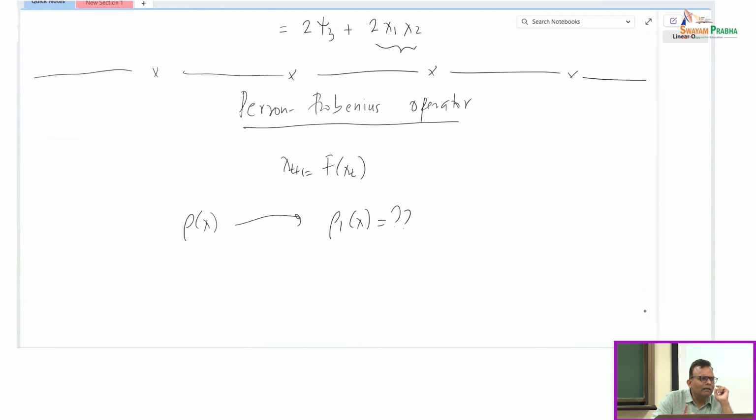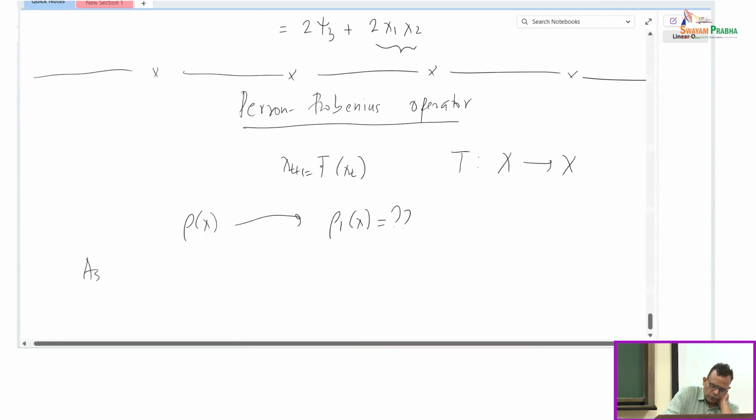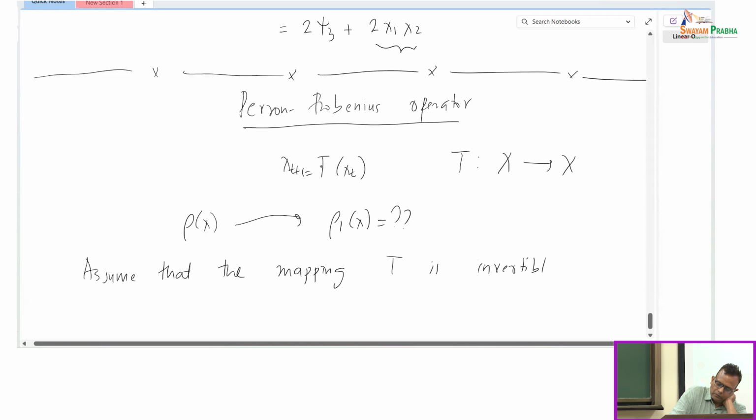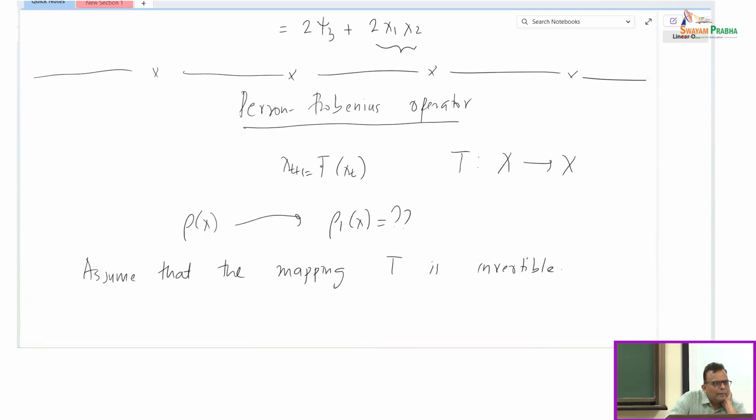I'm going to define it under the assumption that this mapping f, I think I was using T, not f, sorry, so let's just use T. This mapping T, from X to X, is assumed to be invertible. That means there is a unique inverse, so if you want to go back, there will be a unique inverse. It doesn't have to be; I'll tell you how to define this when it is not invertible.